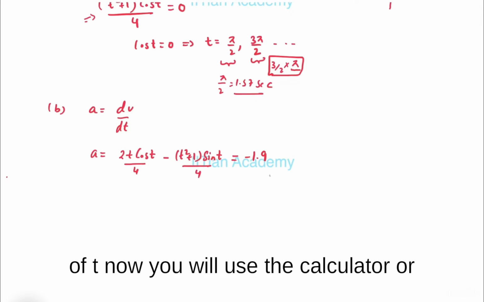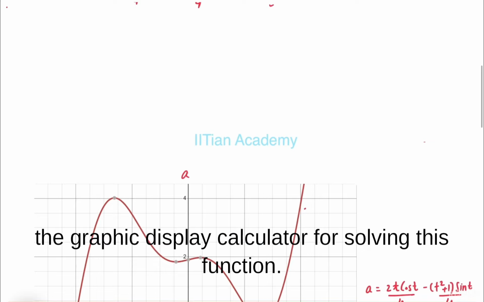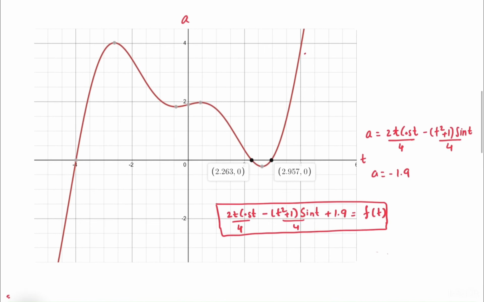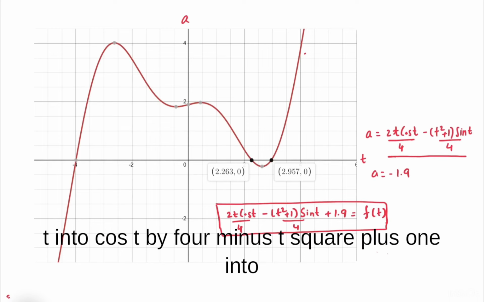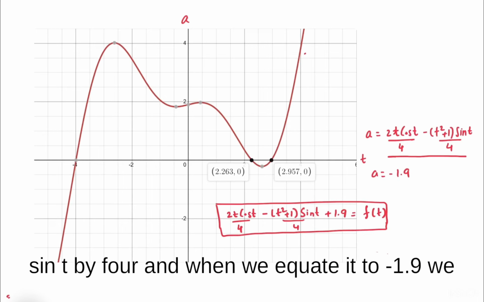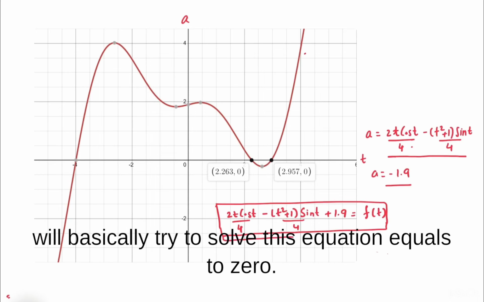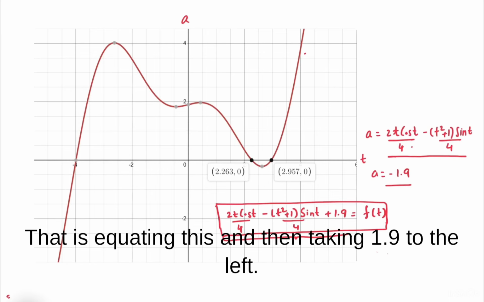Now you will use a calculator or the graphic display calculator for solving this function. For this I have already drawn this graph. The acceleration is 2t cos t / 4 minus (t² + 1) sin t / 4, and when we equate it to -1.9, we will basically try to solve this equation equal to 0, that is, equating this and then taking 1.9 to the left.